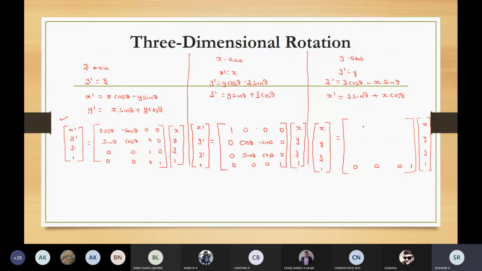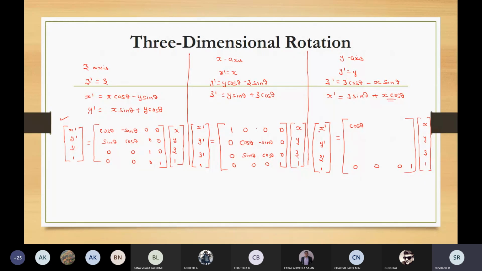Now we need x dash, which is equal to z into sine theta plus x cos theta. So the first term will be cos theta. So x dash is equal to x into cos theta. We got this term.